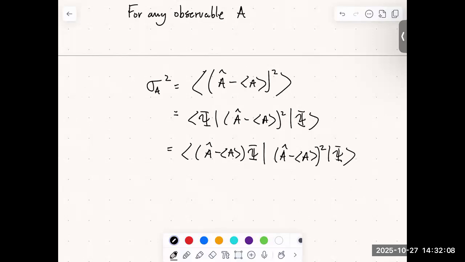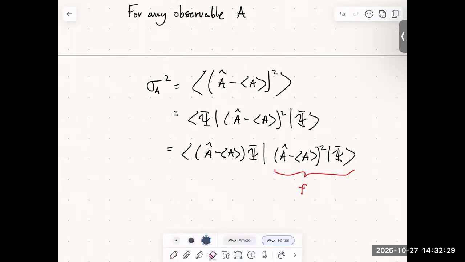We're not going to do too much with this. I'm going to define this as some function f. So when I act with this operator, I'm going to get some eigenvalue and the eigenfunction back again. So it's just some number minus some number.